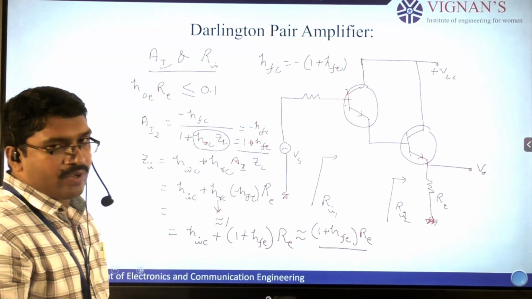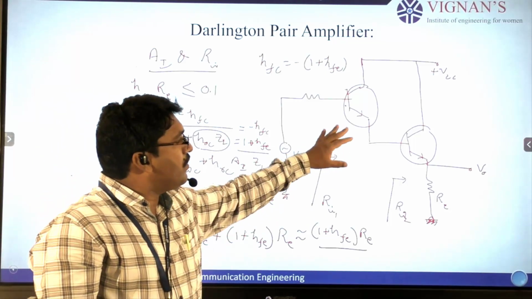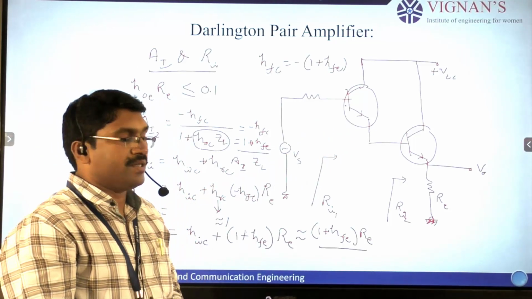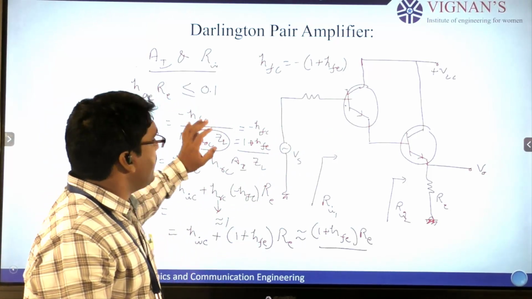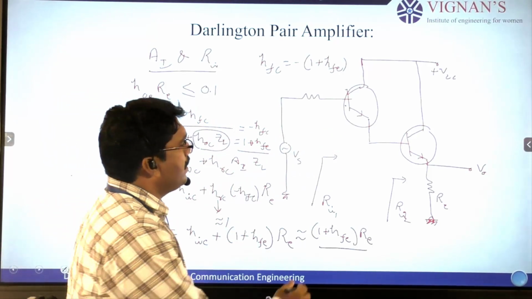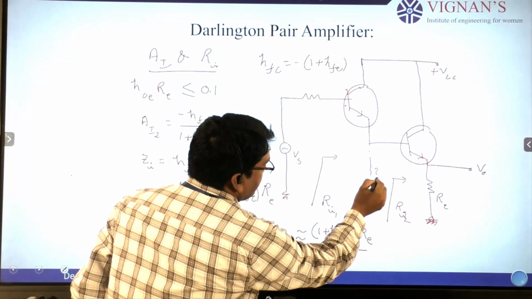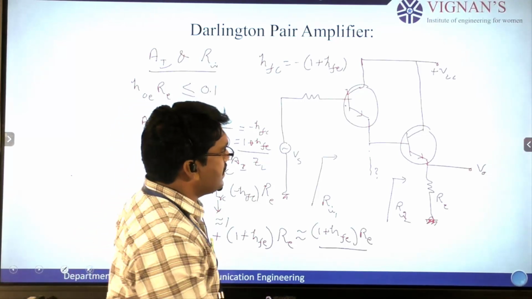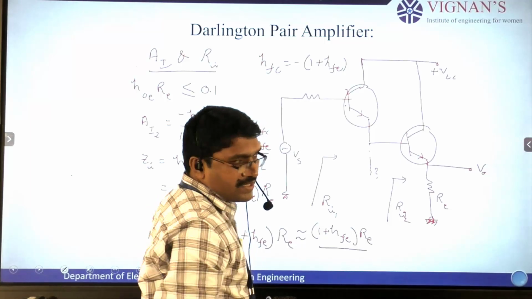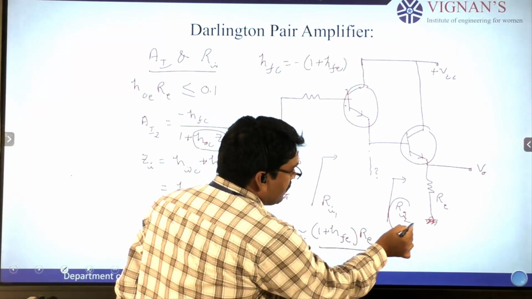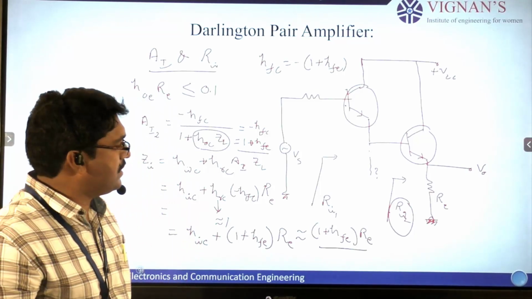Now going for the analysis of the first stage, we need to verify whether approximate analysis is valid or not. To do so, we calculate h0e multiplied by the load resistance of the first stage. Here the load resistance is nothing but the input resistance of the second stage. So Ri2 behaves like a load resistance for the first stage.